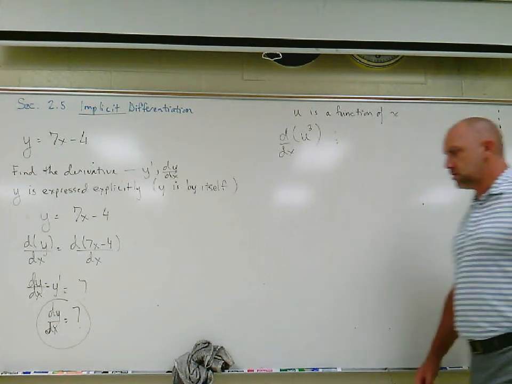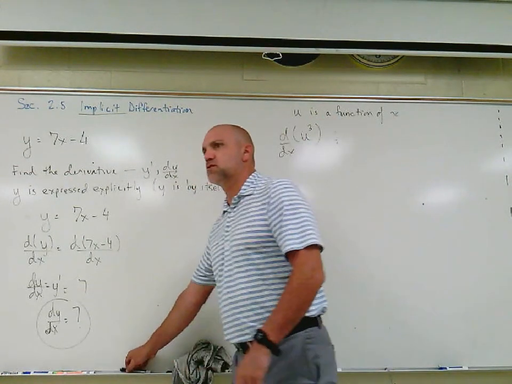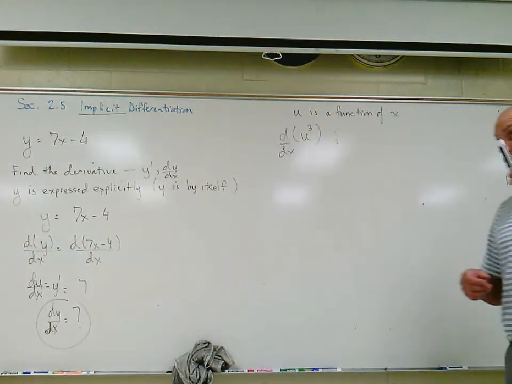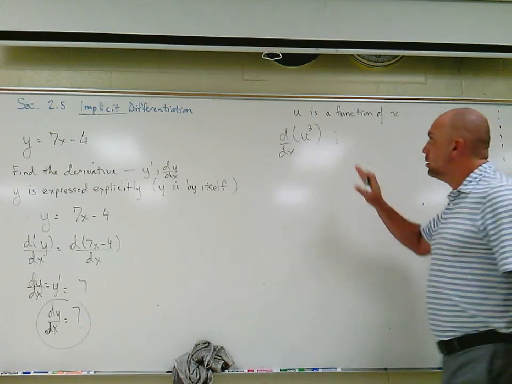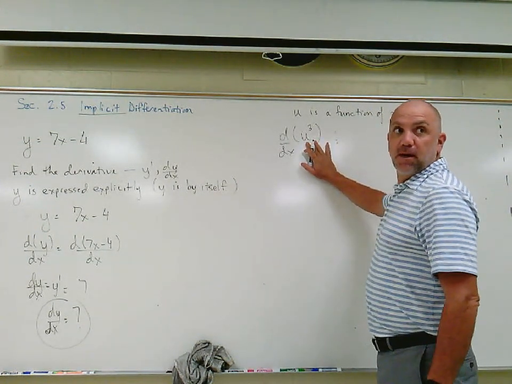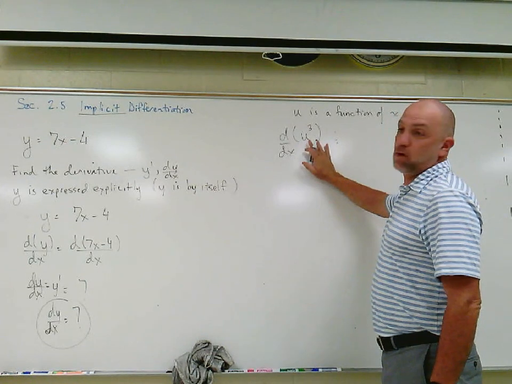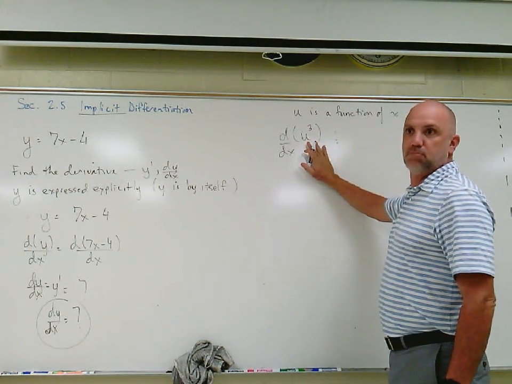So, what did you get for the answer now? I mean, what did you say is the derivative of u cubed with respect to x? Reason I'm saying that is because, all right, so let's think about this. What rule are you going to use, obviously? Power rule.